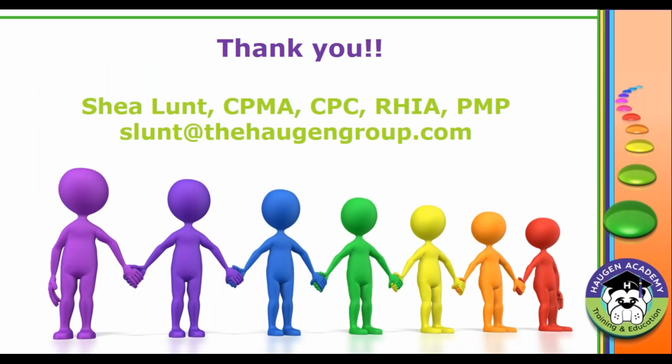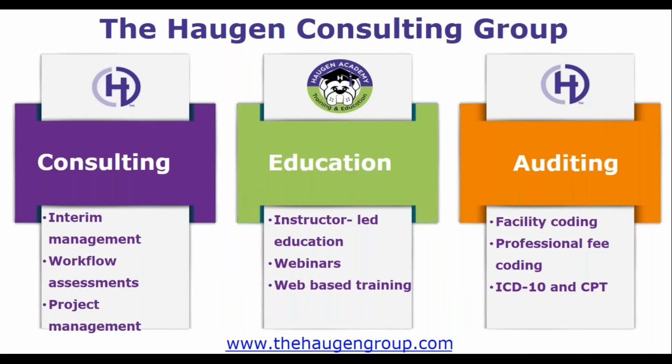Perfect. Shay, we did have a couple of questions come in, so I think we've got time to answer just a few. The first question, which I think you might have covered with the resources: somebody asked early on, where is the best place to get the decision tables that you were using and talking about in the presentation? Oh, that's a great question. Those are reflective of Novitas, which is Colorado's MAC, or Medicare Administrative Contractor.